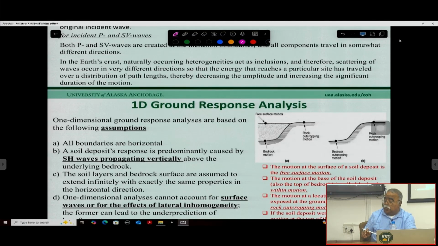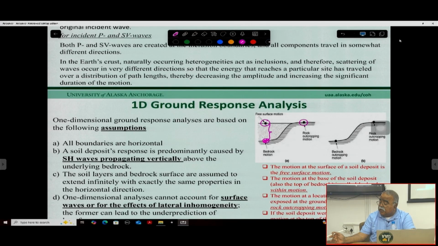So, 1D ground motion analysis. What has happened is that this is your bedrock, and on top there is a soil, right? This is a sensor located in the rock at the borehole, and this is a sensor located on the rock but at the surface, and this is a sensor located on the soil at the surface, right?